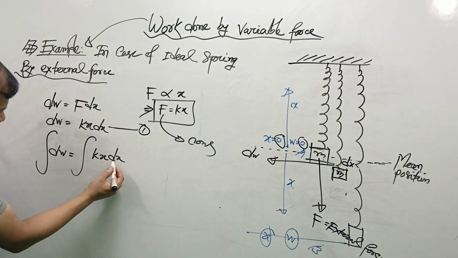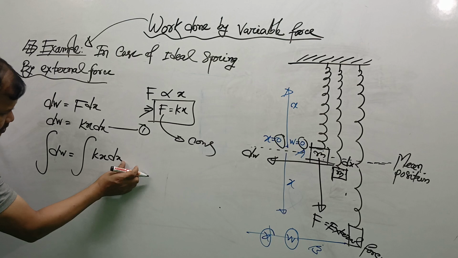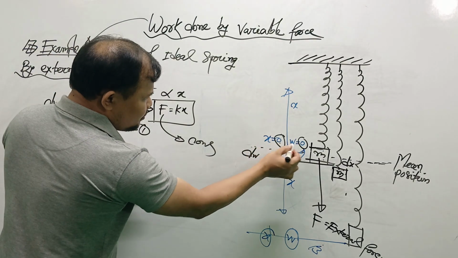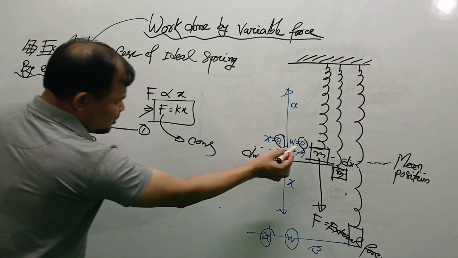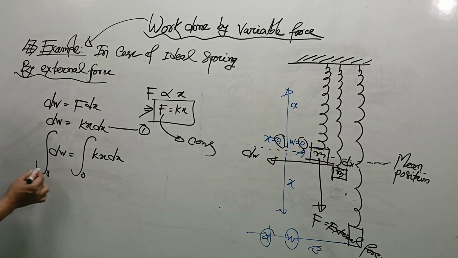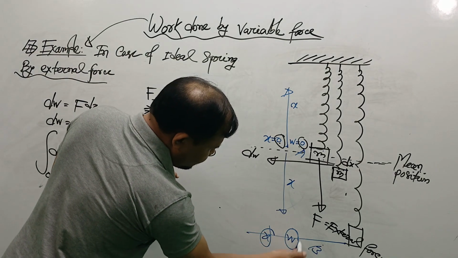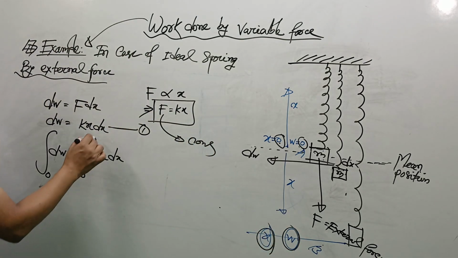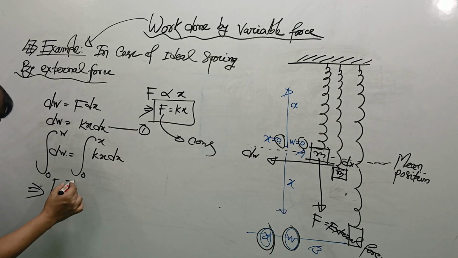After dx, x is a variable, so we put the lower limit first, and for the work done, after dW we have W, and then we put the higher limits x and W. Okay, we know the integration of dW is from 0 to W.